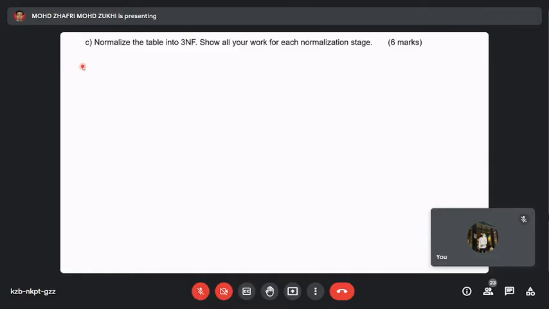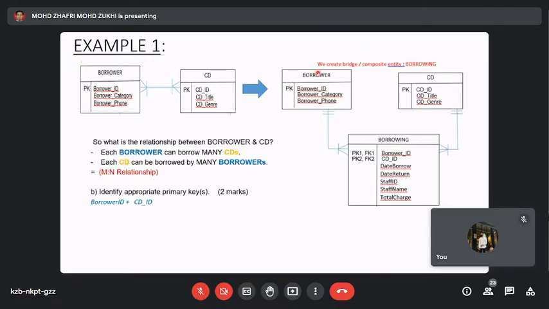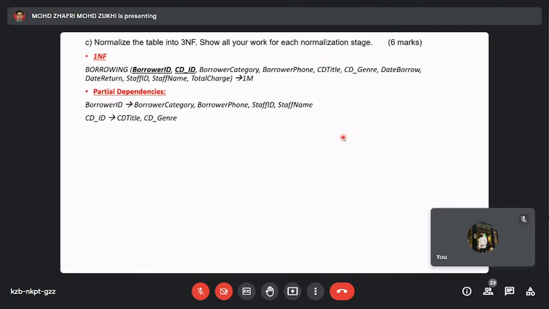Although we have gathered other tables or entities, from scratch, this is the data directly from the composite table that was shown at the first question. But you extract the entity, which is the borrowing. This is the composite entity.